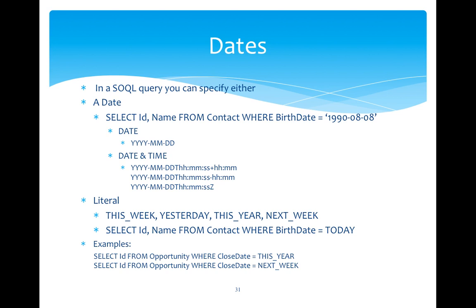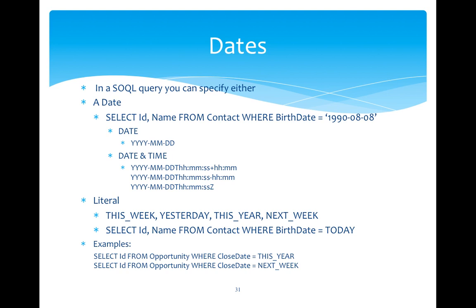The first one is date only, and the other one is date and time, and it has a few predefined formats through which you can actually query, and that is in the form of year, month and date. In the same way, date and time has three predefined formats through which you can query, which includes time in a different format, and one also includes a time zone offset.